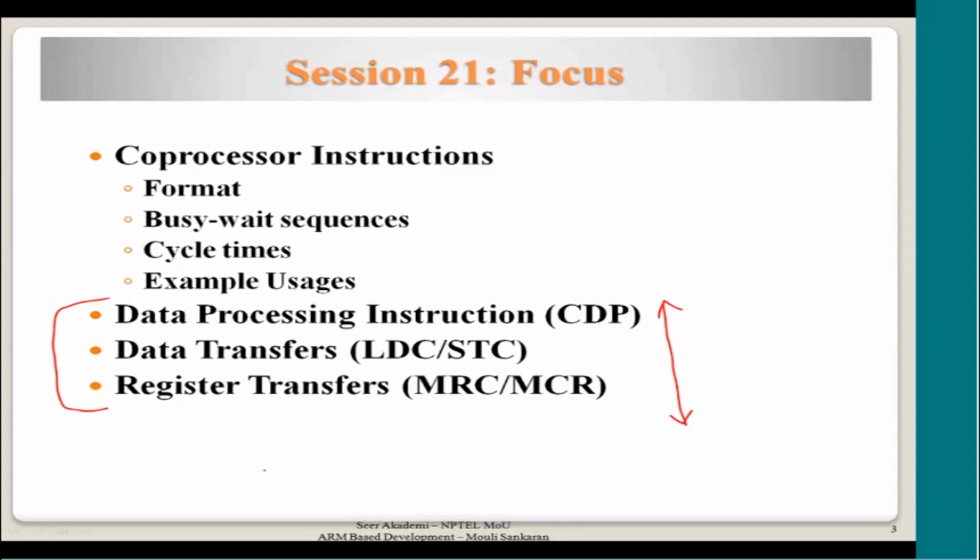The tool, the assembler which is assembling these instructions, needs to be aware of them, and it will generate the equivalent encoding based on what ARM has defined. So with this introduction, let us go into the instruction format and various specific details about instructions, and then we will touch upon the fundamental three categories of instructions.